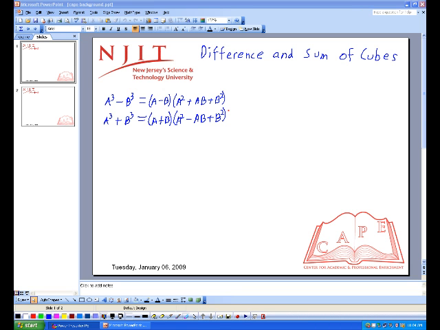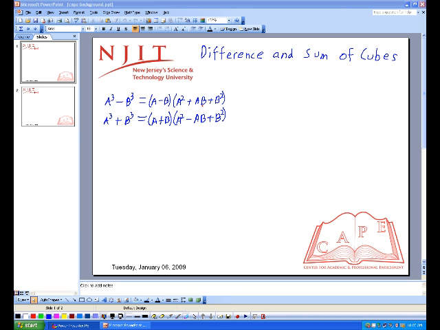Now it might be difficult to remember these formulas, but just remember that in the first term of the difference of cubes, it's going to be a minus b. But in the second term, it's going to be a squared plus ab, whereas in the sum of cubes, the first term will be a plus b, and the second term will be a squared minus ab.